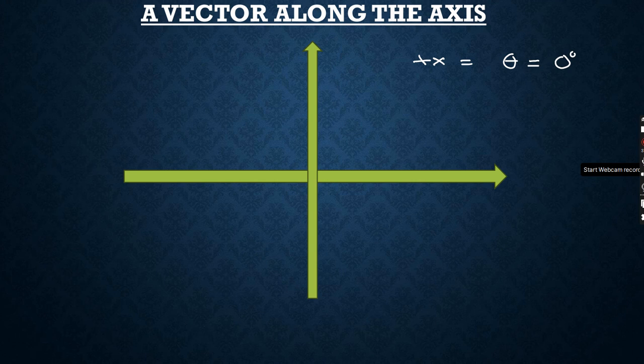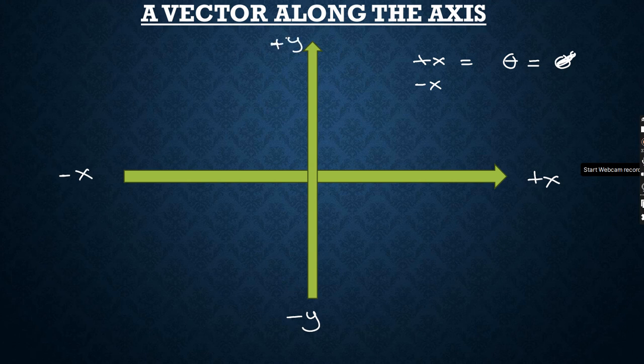In fact, I didn't finish talking about this. So this is our positive x direction, this is our negative y direction, this is our negative x direction, and this is our positive y direction.